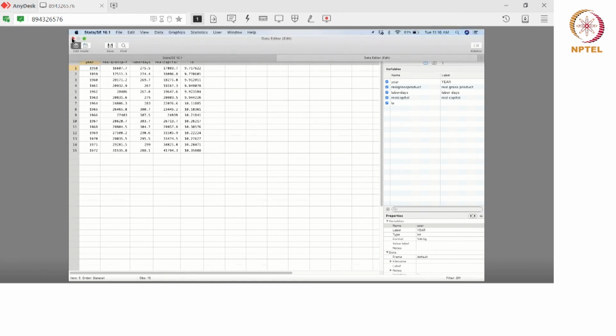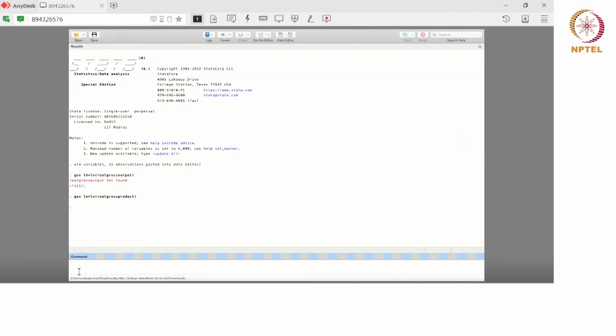I put another gen command, gen L1 equals ln labor days, and this variable is now converted into log.